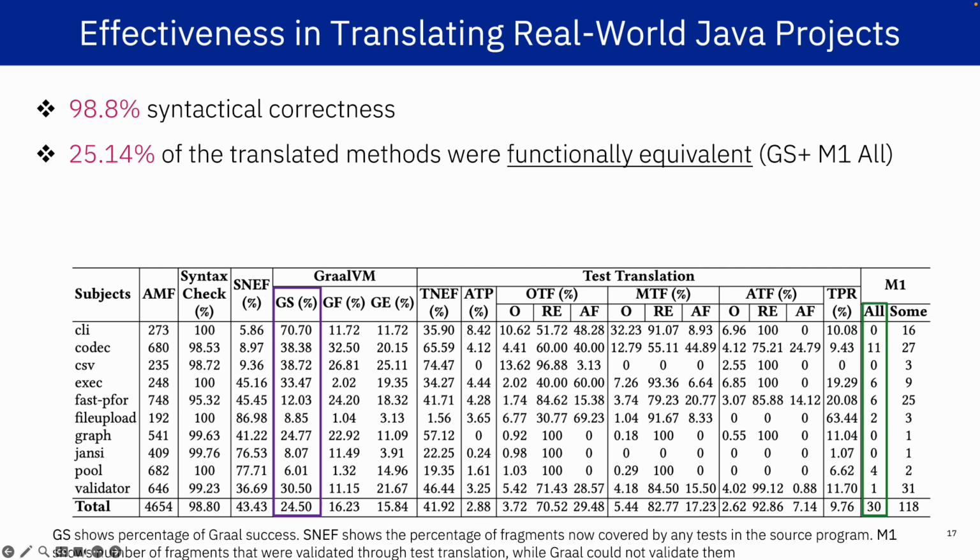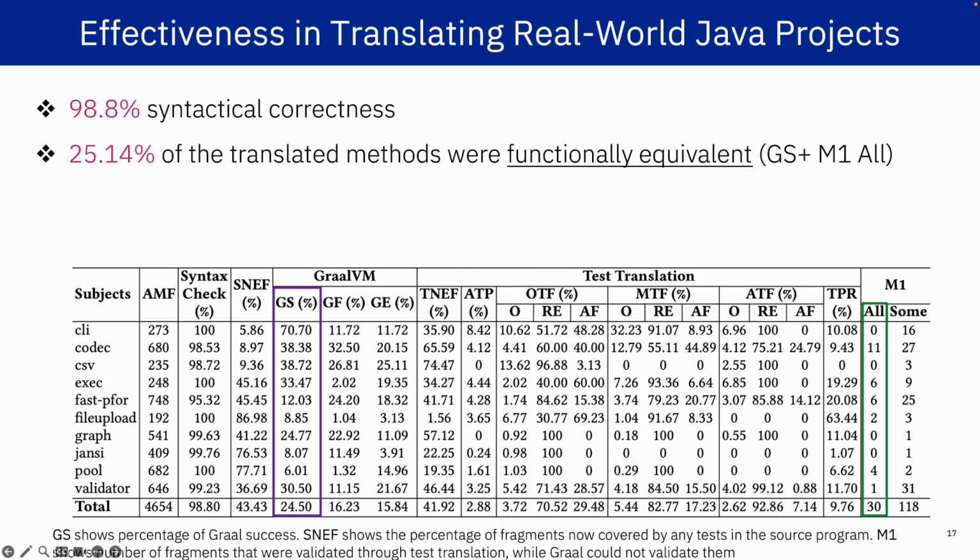And here, the column M1 shows the number of fragments where GraalVM could not validate because of some limitations that GraalVM has, but test translation, which is our alternative validation technique, could successfully validate it.